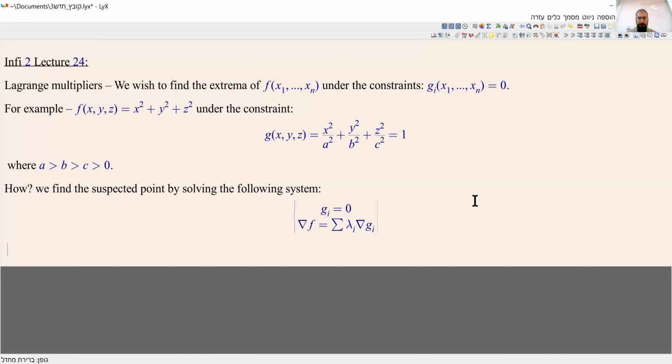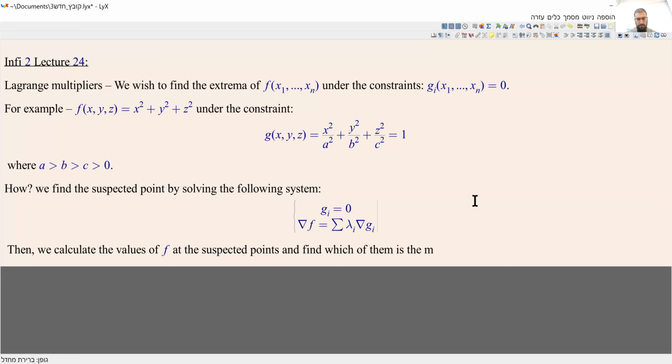And then we calculate the values of f at the suspected points and find which of them is the maximum, and which is the minimum.